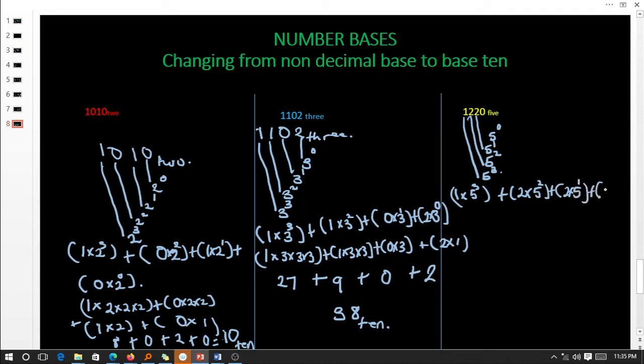Then plus 2, this is 5, this is power 0, then power 1, then power 2, then power 3. Yes, then 2 times, sorry, not 2, this one now it's going to be a 0, because we finished all the 2's.